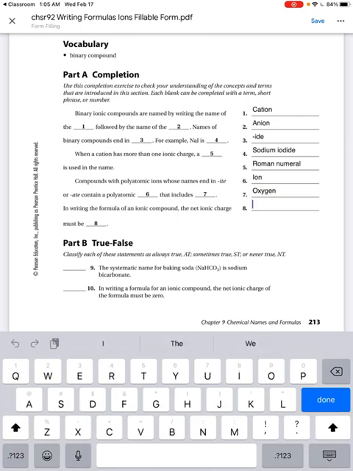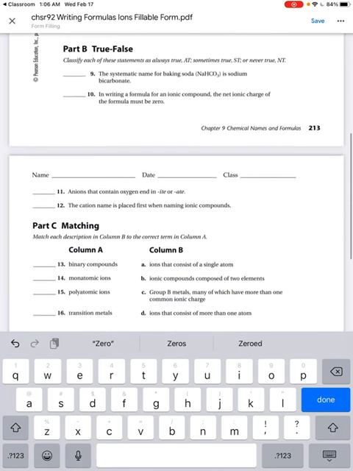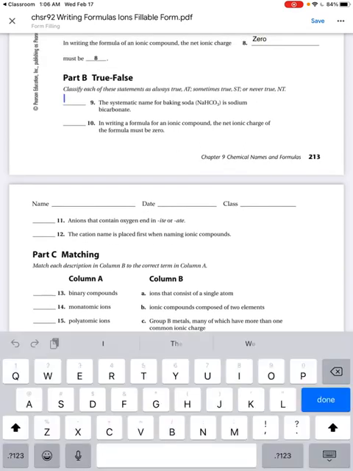And in writing the formula of an ionic compound, the net ionic charge must be balanced or zero. Okay? Now, going through the true-false, the systematic name for baking soda is sodium hydrogen carbonate. That's the old trivial name or classic name, so that would be NT, never true.